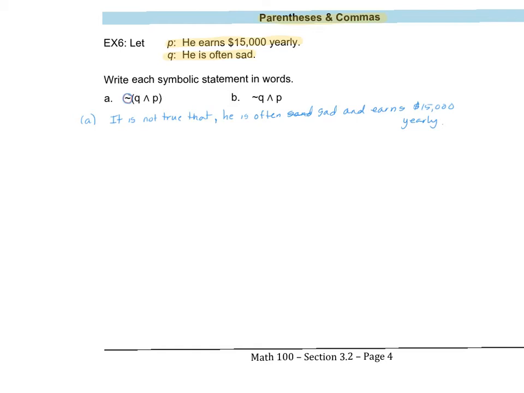The difference between part A and part B is in part B, the negation only applies to Q. So that means I'm going to directly negate Q. He is often sad will be he is not often sad, right?